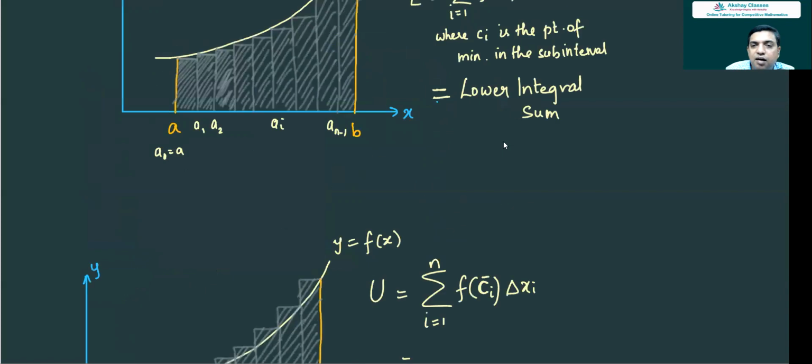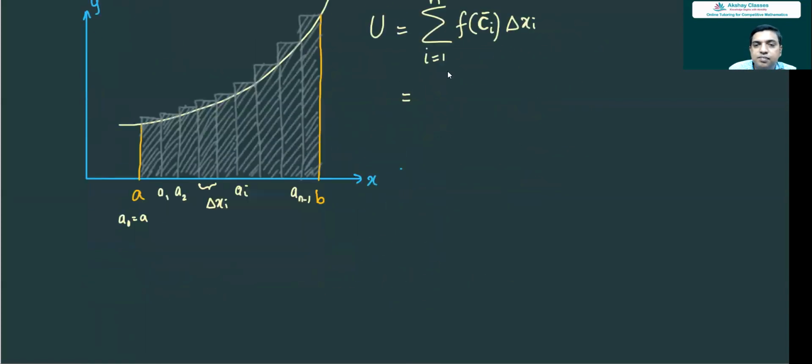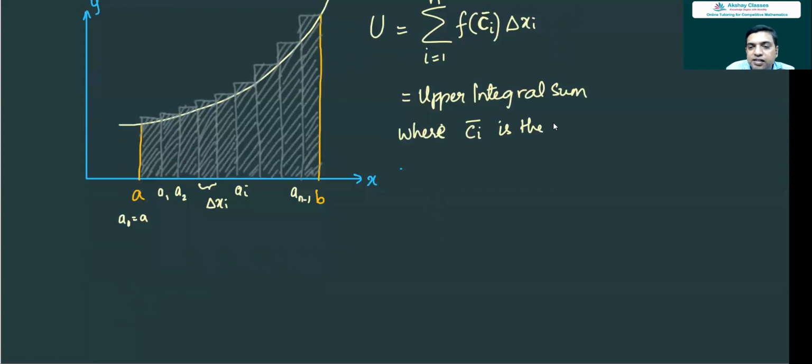This is the upper integral sum, where Ci bar is the point of maximum in the subinterval.